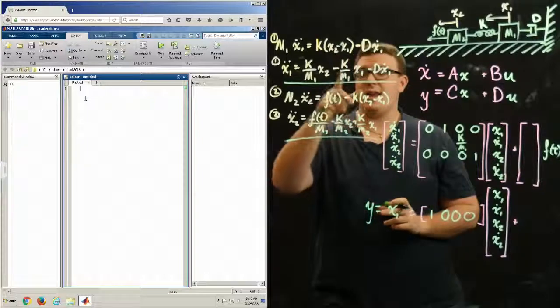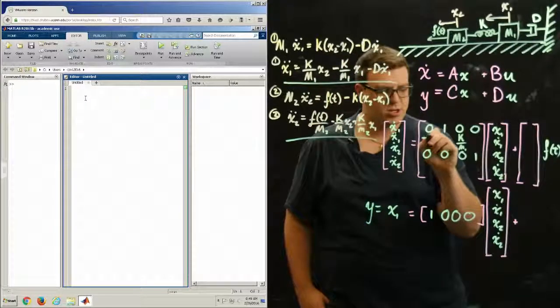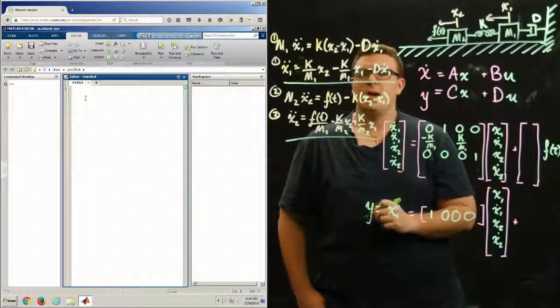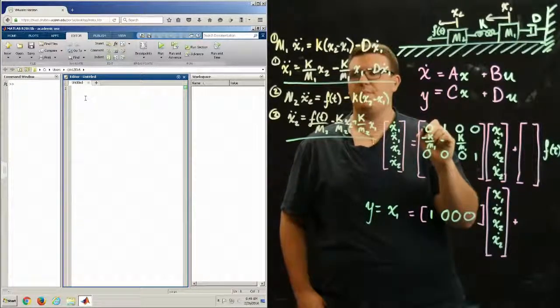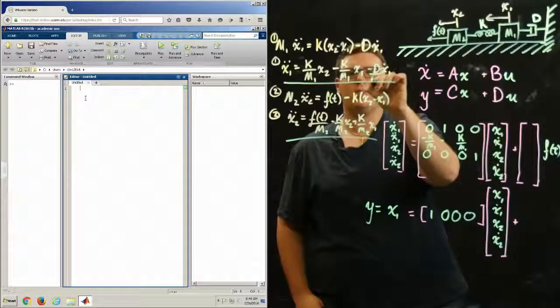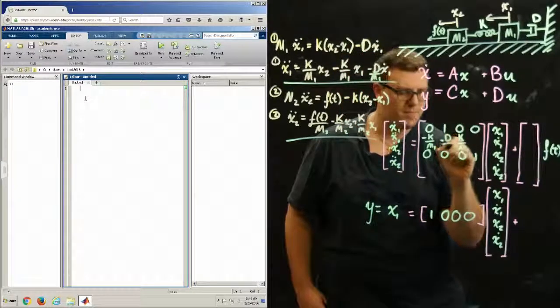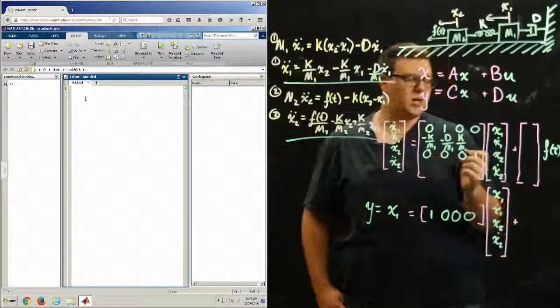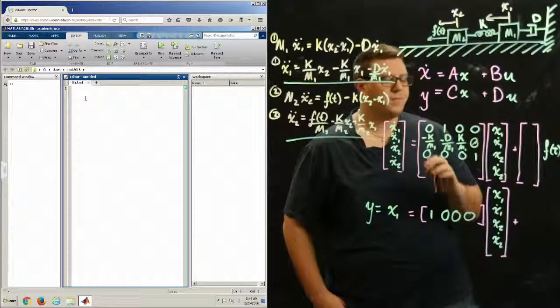We have a negative k over m1 in the x1 position, which is here. So we should get negative k over m1. And then we have a negative d in the x1 dot position. And that probably should have an m1 under it, because I divided an m1 across everything. And then there is no term for x2 dot here, so that gets a 0.